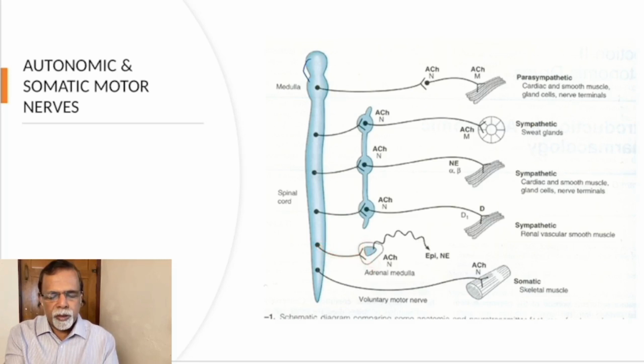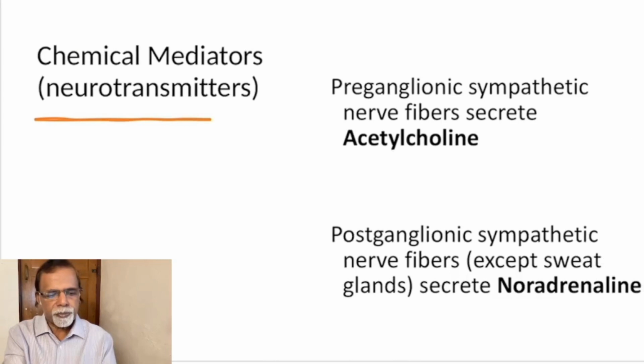Here the postganglionic neuron is not there. It is secreting the hormone adrenaline and noradrenaline into the circulation. So the adrenal medulla also comes under part of the autonomic or sympathetic nervous system.